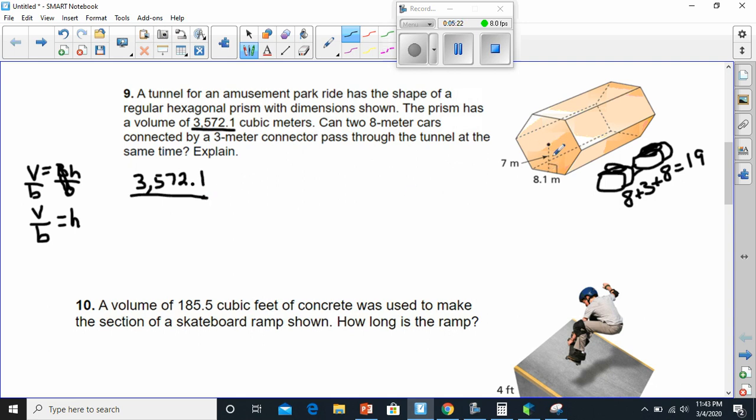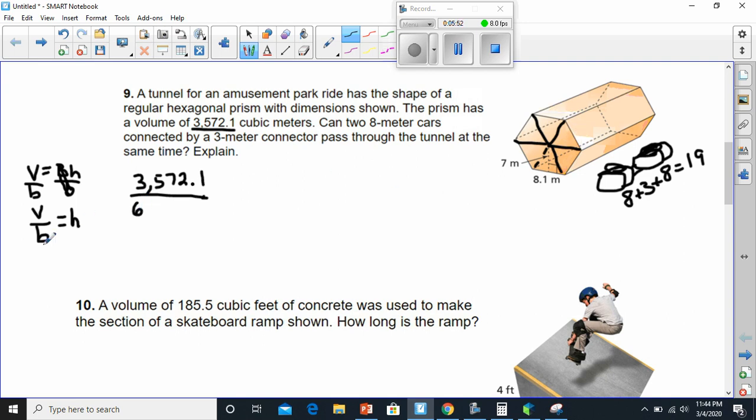Well, the base is a hexagon, and if you look at this here, we've got 6 triangles that are all meeting off of the center. 1, 2, 3, 4, 5, 6. So if I find the area of one of these triangles, I can multiply it by 6.